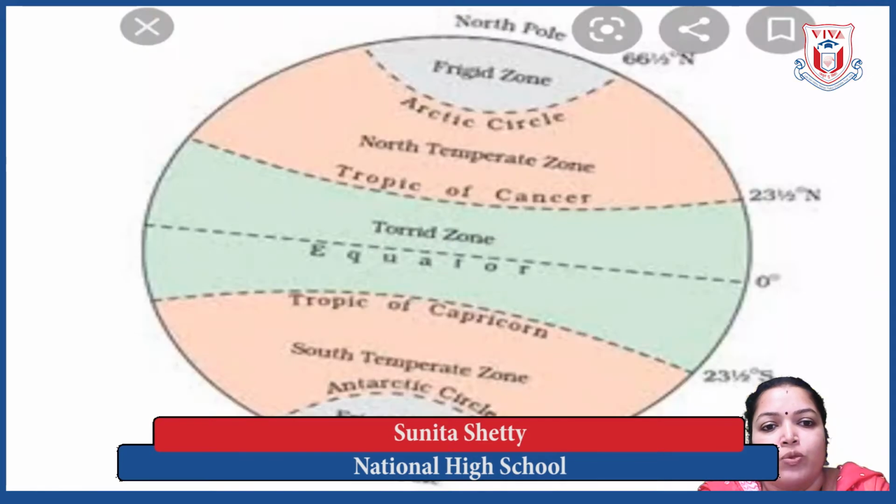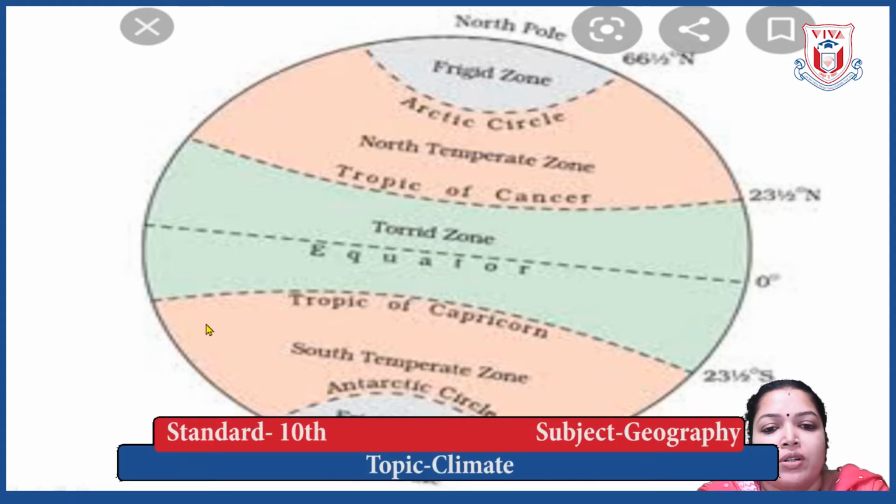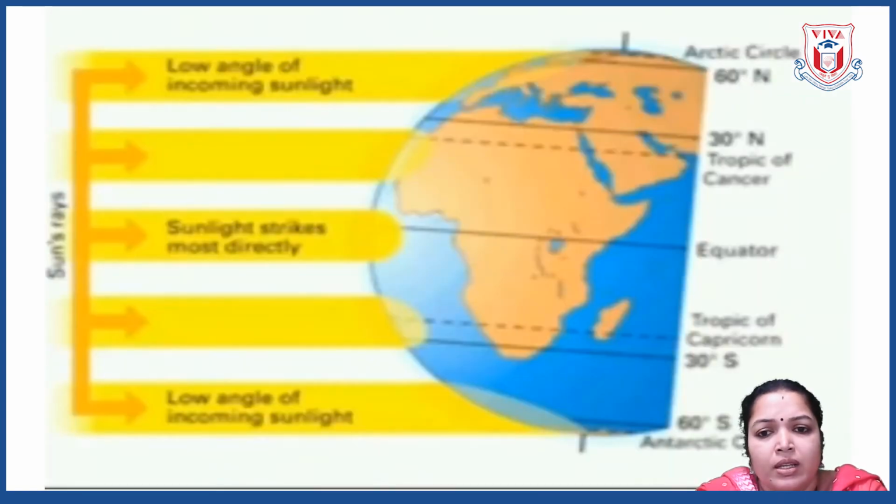So let us move on. Students, see, this is our globe, and this picture shows the different zones created according to the temperature and the sunlight they receive. See here, these are the sun rays received by our earth.